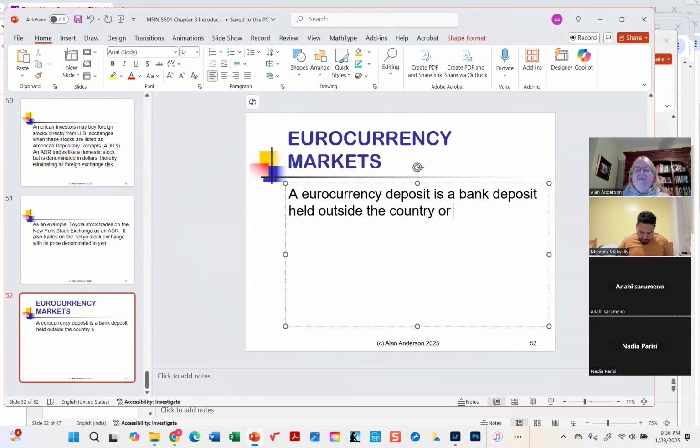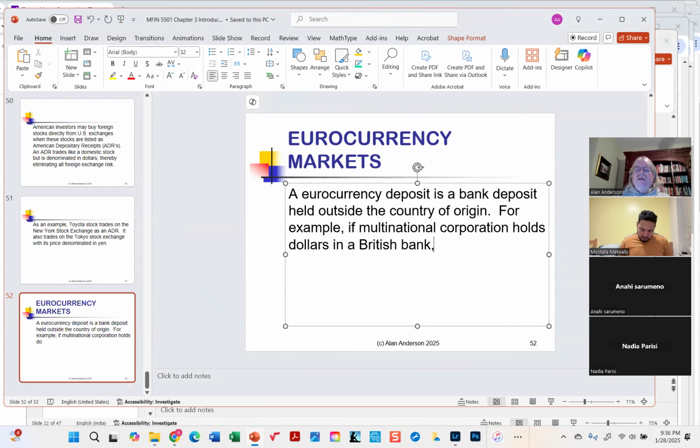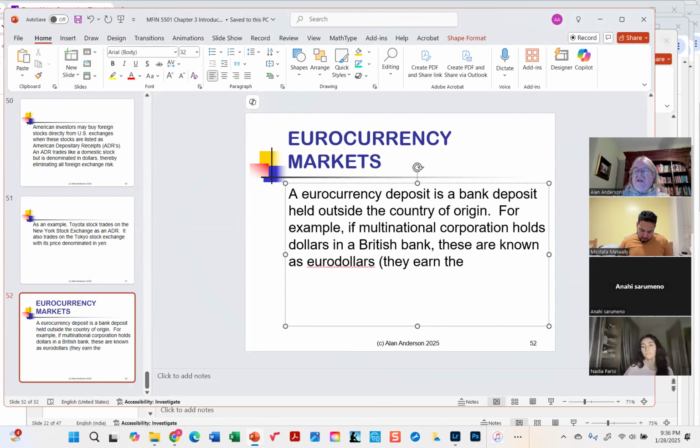In other words, for example, if a multinational corporation holds dollars in a British bank account, these are known as Eurodollars. And by the way, they earn the dollar rate of interest, not the British pound rate, but the dollar rate of interest.